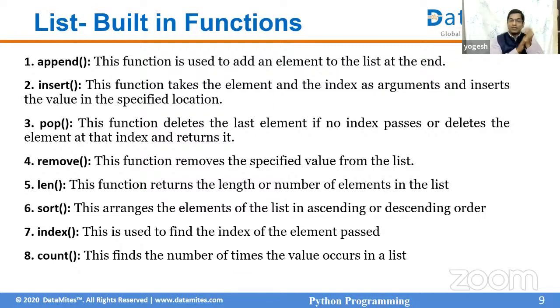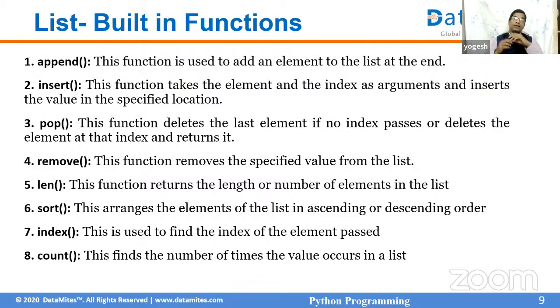What pop is going to do is delete the last element if you do not mention anything. And you have one more removal function called remove, which removes based on the specified value. To find out how many elements are there, what the length is, you have the len function.